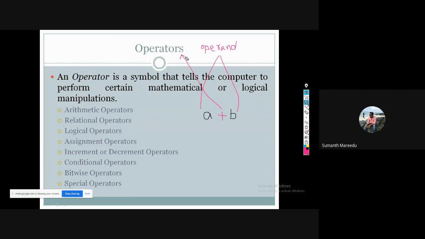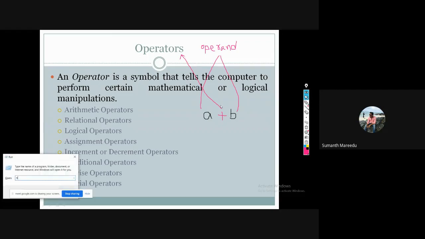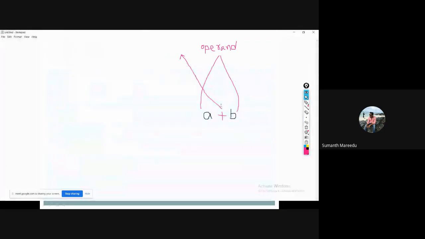On that basis, operators are classified as unary operator, binary operator, and ternary operator.